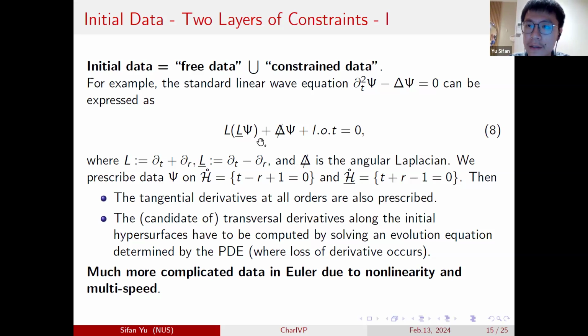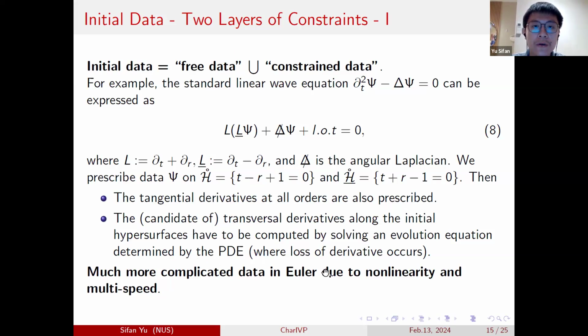That's another technical part that you need to pay attention to. You just solve for the candidate of the transversal derivative of the solution, but not the transversal derivative of the solution itself. However, this is already giving rich insight into what's going to happen if you pose a characteristic initial value problem on initial hypersurfaces. But the reality in compressible Euler is much more complicated due to nonlinearity and multi-speed phenomena.